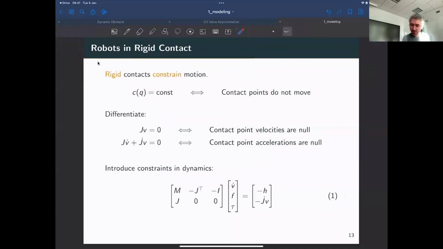So now that we have these constraints on the acceleration level, we can introduce them in the dynamics of the system. And by rewriting everything in matrix form, we get this expression, which is linear with respect to v dot, F, which are the contact forces, and tau, which are the joint torques.